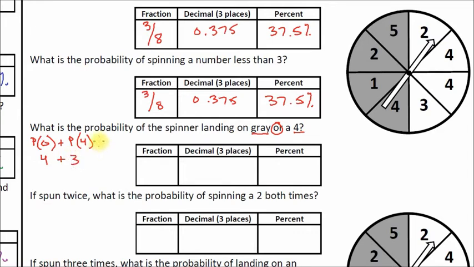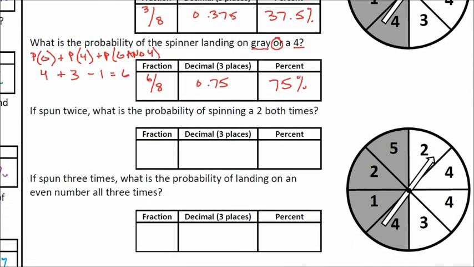But we have some spaces that are gray and 4. So those are our overlaps, and we want to get rid of those. We've got 1 space that's gray and a 4. So 4 plus 3 minus 1 equals 6. So our fraction is 6 over 8, and that is 0.75, or exactly 75%.